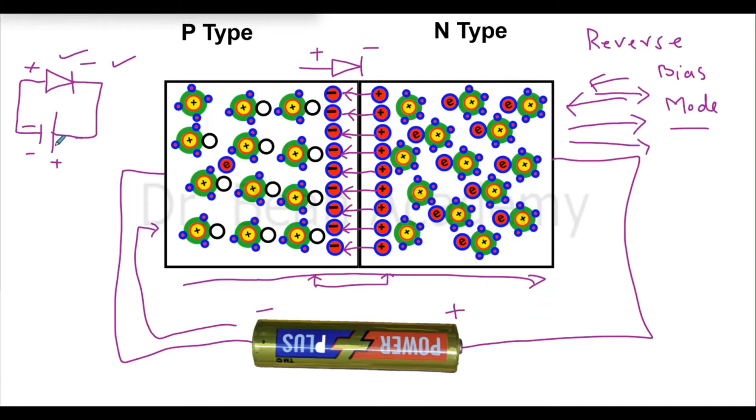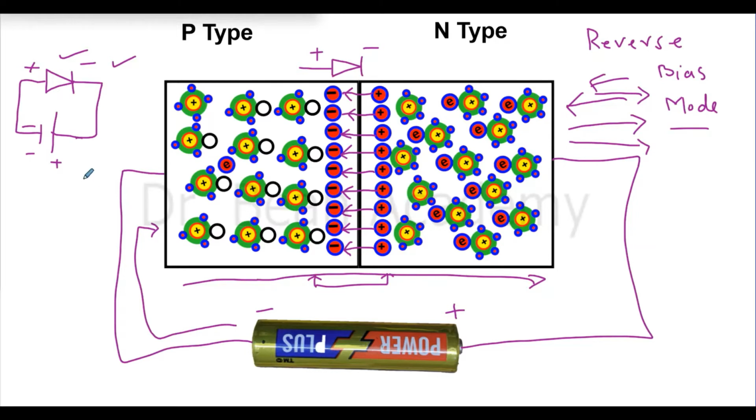You will get the same answers. Everything should be the same whether you solve numerical questions, as long as you keep only one convention throughout the analysis or studies. So here the arrow is actually showing the direction of conventional current flow. But in all of my discussions, I have been using the real current flow.